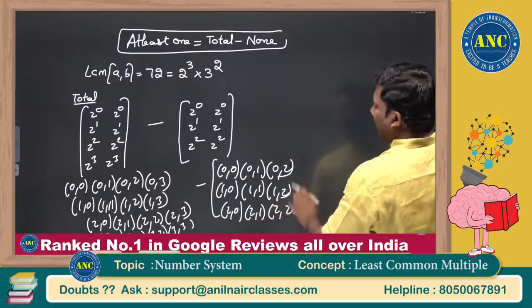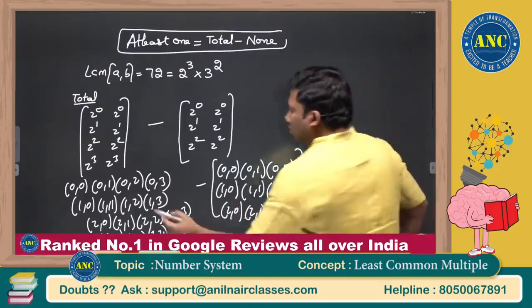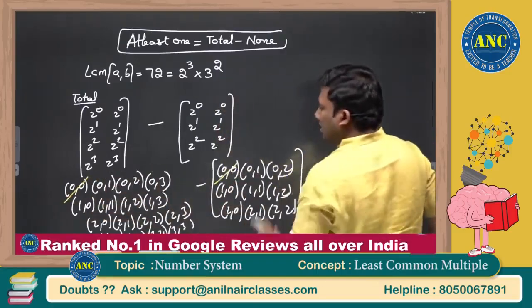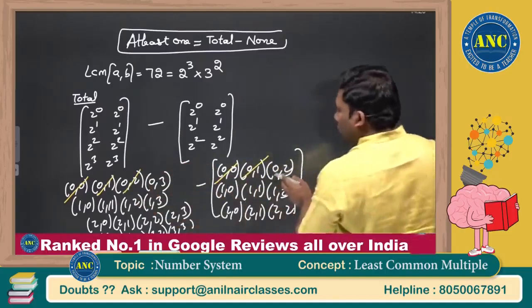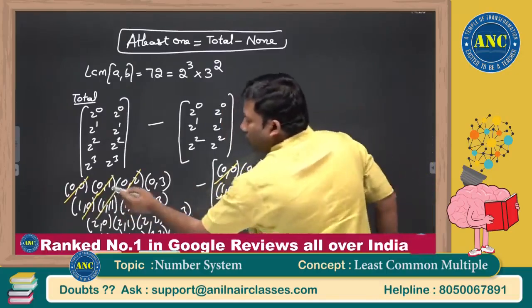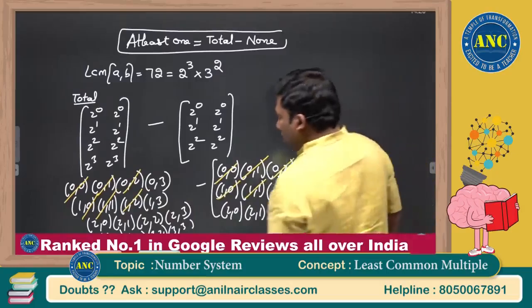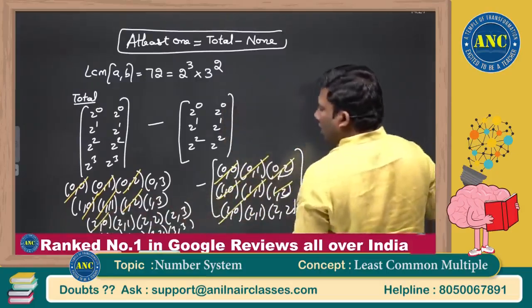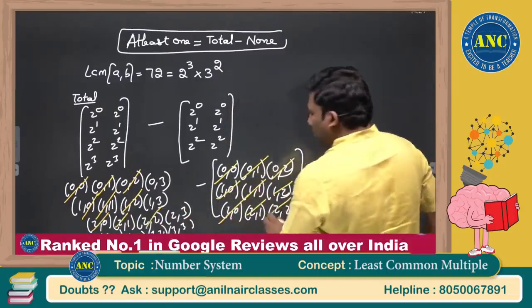See here, beautifully you will understand which cases are eliminated. If you see 0,0, this case is out. 0,1 out. 0,2 out. 1,0 out. 1,1 out. 1,2 out. 2,0 out. 2,1 out. 2,2 out.